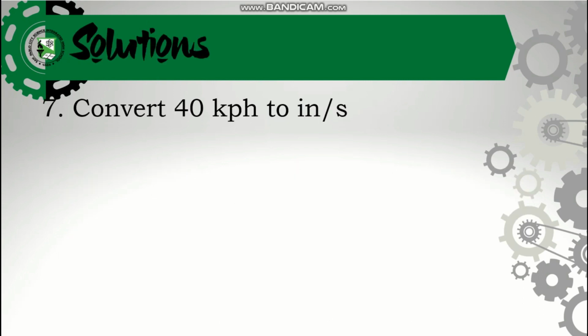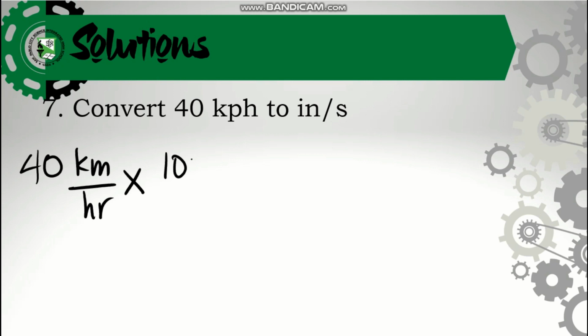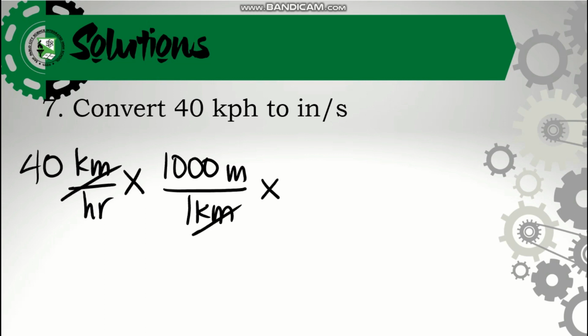Okay, for number 7, we have here convert 40 kilometer per hour to inches per hour. So we have here 40 kilometer per hour multiplied by, so you can convert first kilometer to meter. So we have here 1,000 meter over 1 kilometer and convert the hour to seconds katulad ng ginawa natin kanina, which is multiplying by 1 hour over 3,600 seconds.